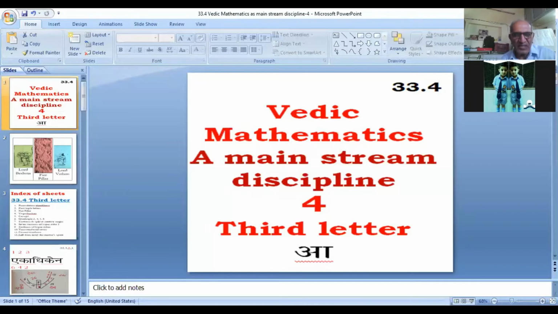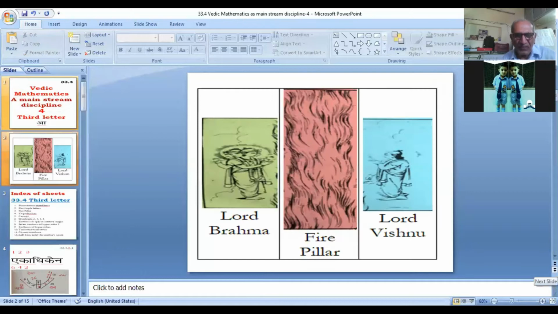And this sequential unfolding process of the Vedic mathematical domain is the main point of attention, main point of deliberation today.